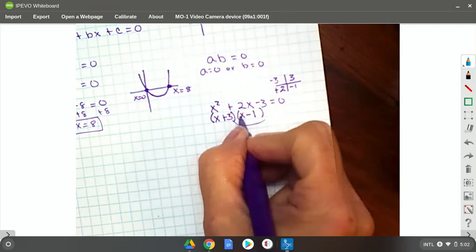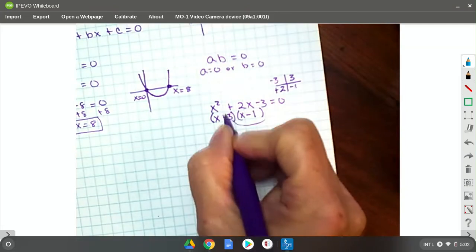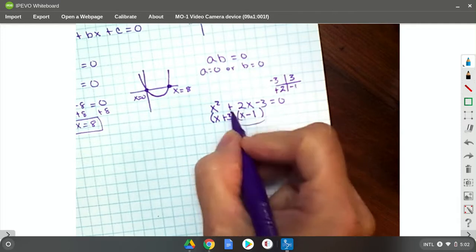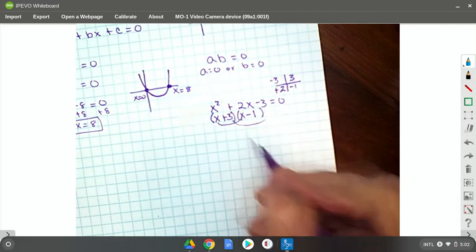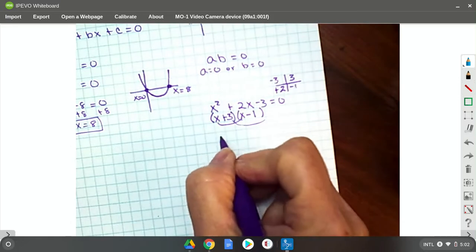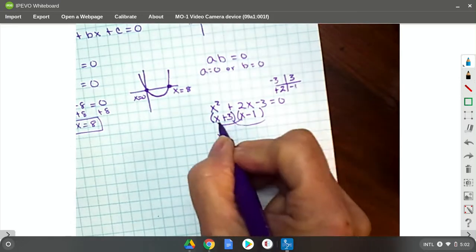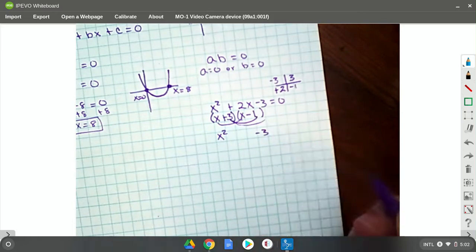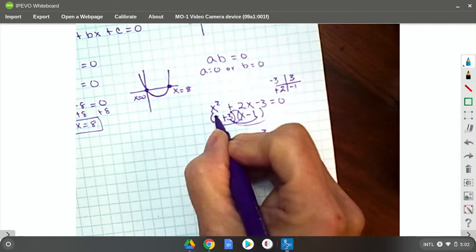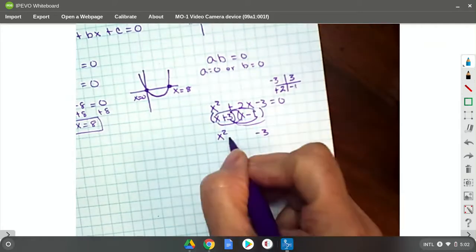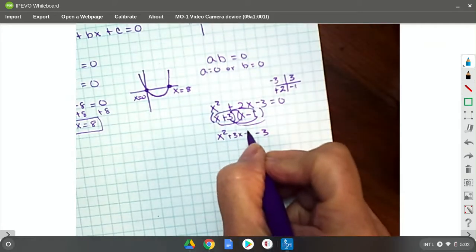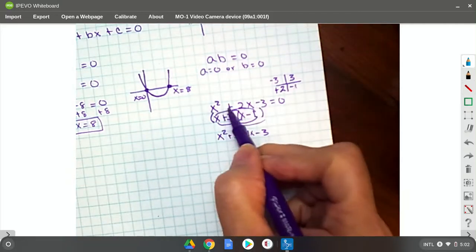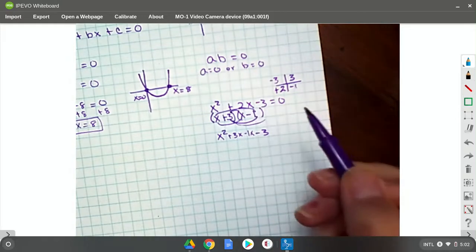And I can FOIL that back out and I will end up with my same equation. x times x is x squared. And then my inside and outside terms is going to be plus 3x minus 1x. So I go right back to x squared plus 2x minus 3, right?